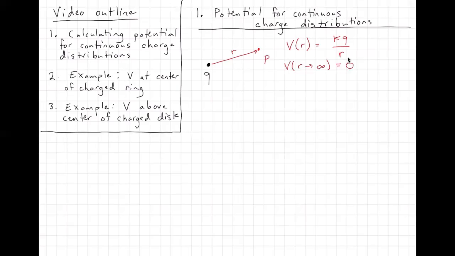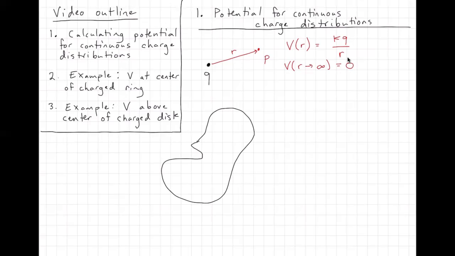So that result's important to us because if we wanted to consider a continuous charge distribution, let's say there's some weirdo charge distribution that looks like this, of arbitrary shape.